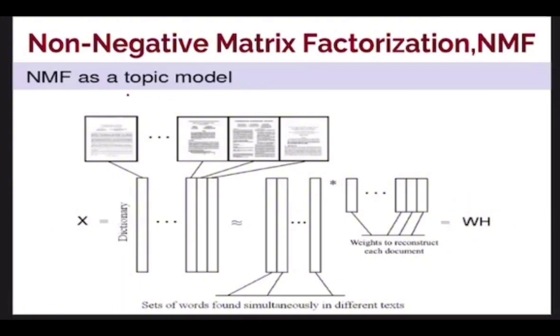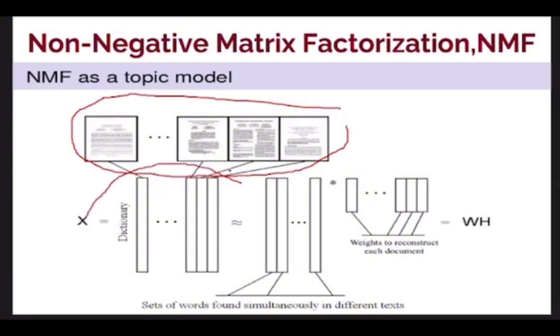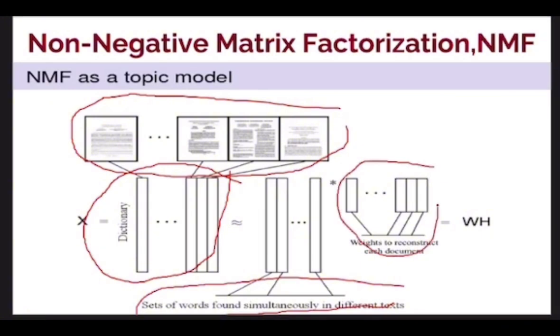Now I need you to take a look at the mix. Take a look at this guy. The combination of documents is more or less our matrix, right? We now want to decompose that into what? A set of words, and another vector is going to be the weight. What do we mean by the weight?